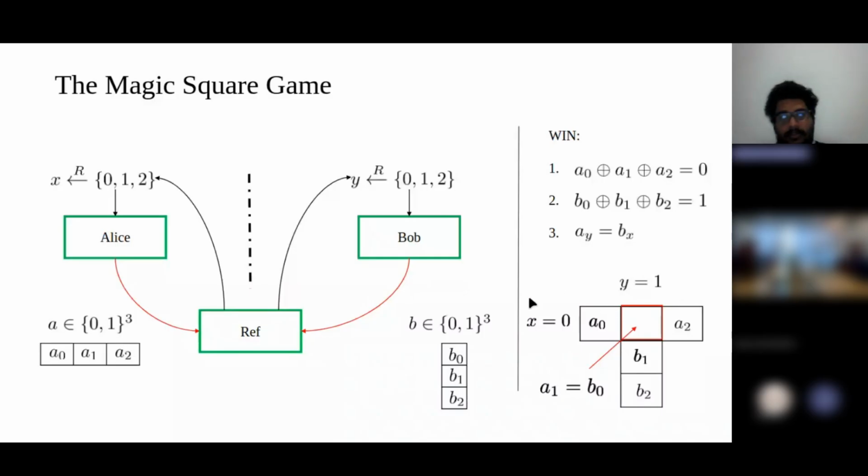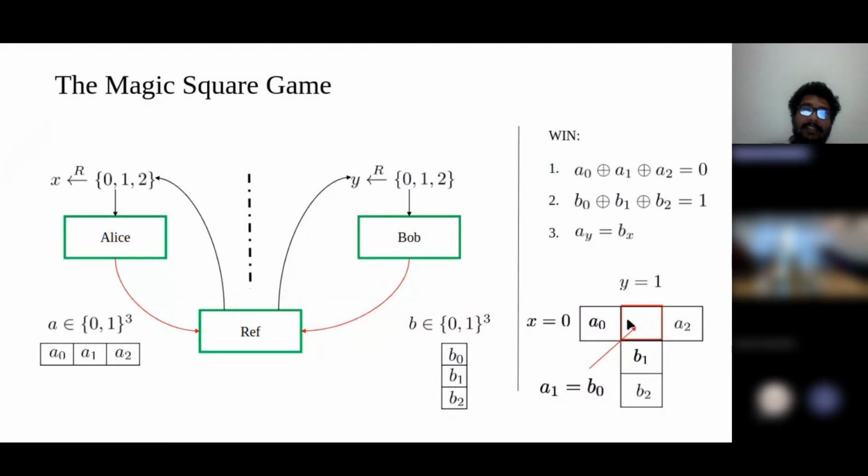So to see what this common bit business is, let's assume that Alice's question was x equal to 0 and Bob's question was y equal to 1. Okay. So corresponding to x equal to 0, we have this row A0, A1, A2, and corresponding to y equal to 1, I just place B0, B1, B2 at this column. So y is basically the column number. I mean, it's a matrix, right? And x is the row number.